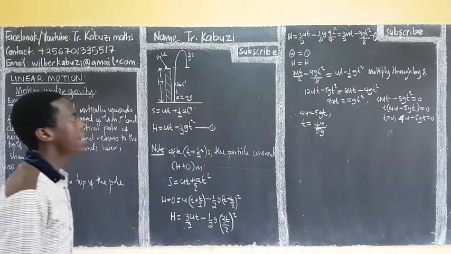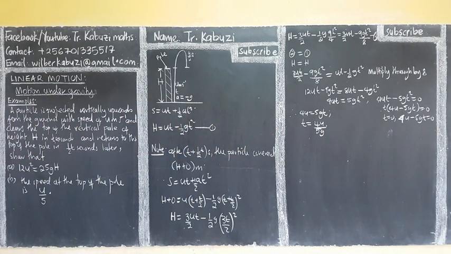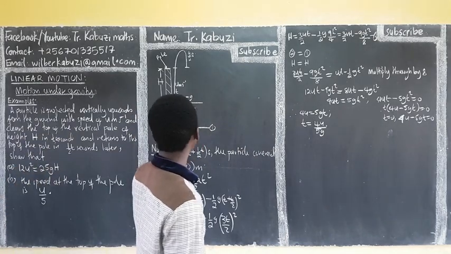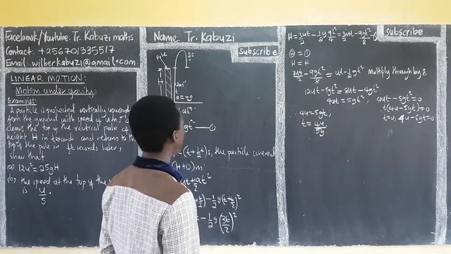Now, after getting our t, what are we going to use it for? We shall put it into this formula, because in our proof we don't have anything like t.